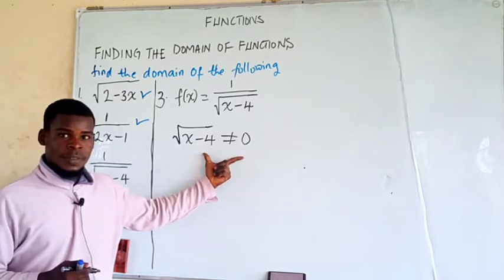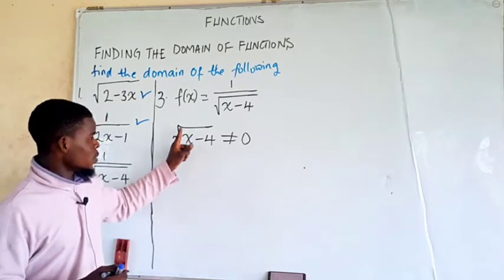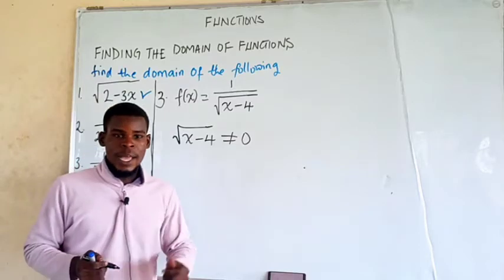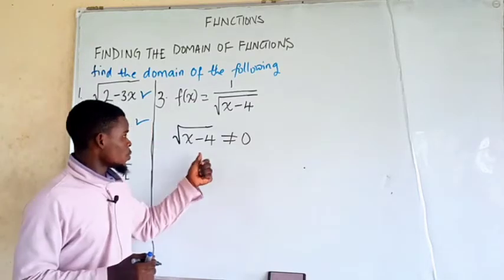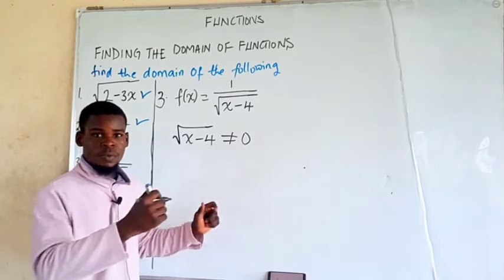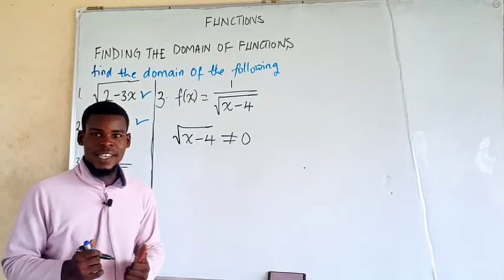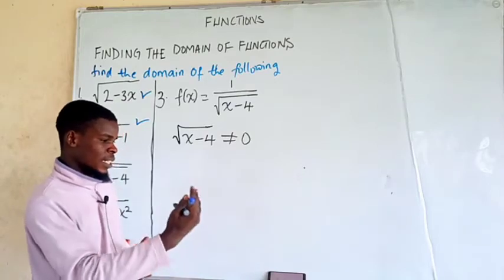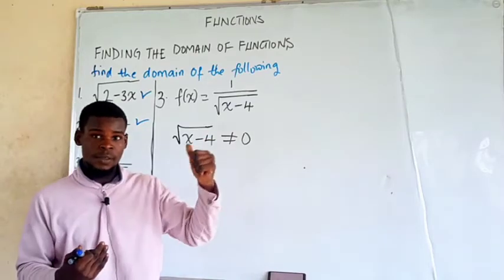What this tells us is that the square root of this should not be equal to 0, meaning that logically the square root of this can be less than 0, or it can be bigger than 0, but it should not be 0. So we talk about numbers either less than 0 or numbers bigger than 0.